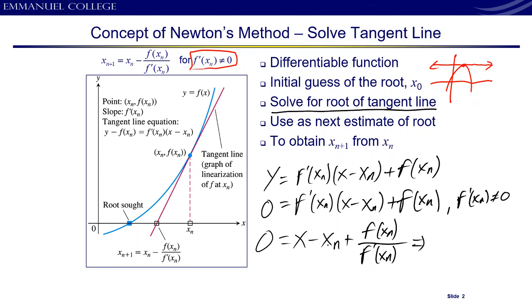Then if I add xn to the left side and subtract this term to the left side, I'm going to swap them, so I get x equals positive xn minus f of xn divided by f prime of xn.